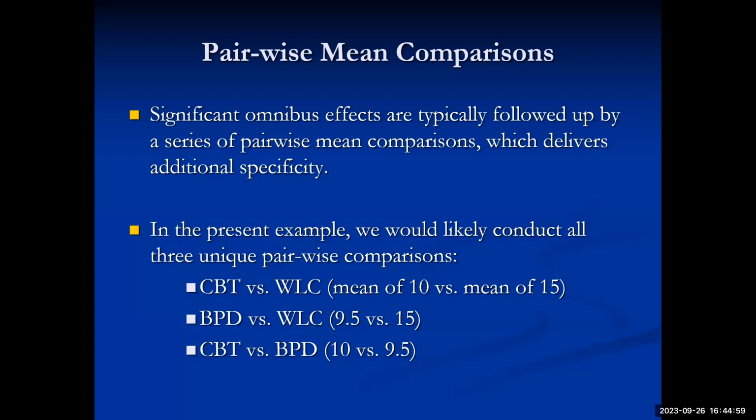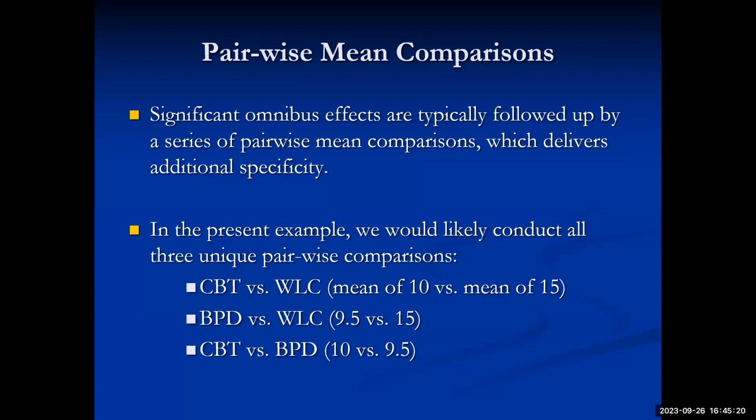Typically, when we've got an omnibus test of significance that's significant, we're going to follow it up with a series of pairwise contrasts. So in the present example, we would probably want to estimate all 3 unique pairwise comparisons.